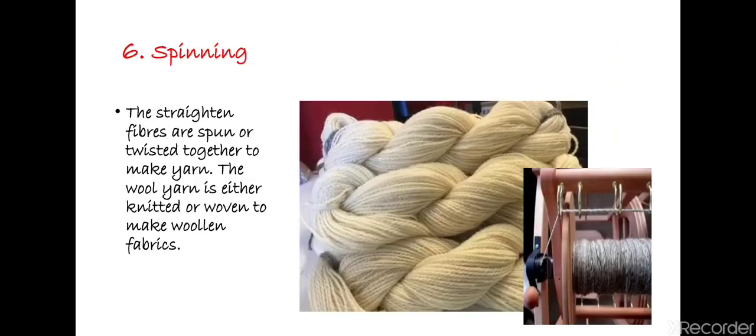The next step is spinning, and in this step the straightened fibers are spun or twisted together to make yarn. The wool yarn is either knitted or woven to make woolen fabrics.